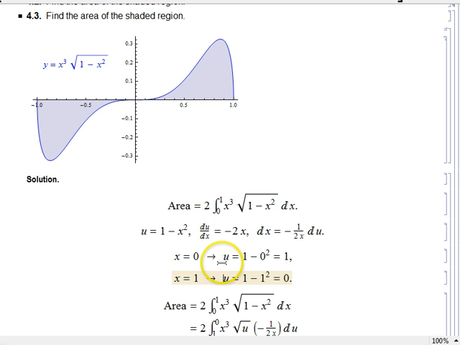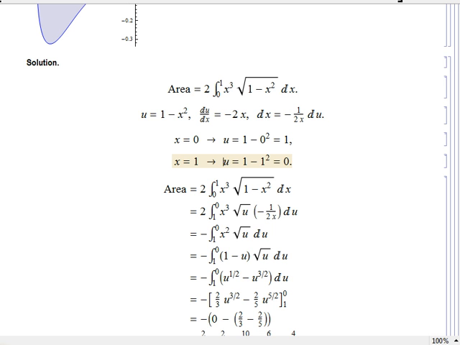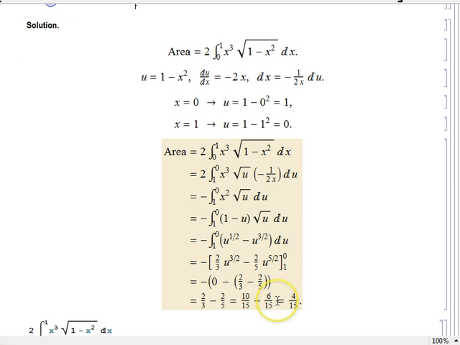So u is moving from 1 to 0 instead, and then we have to substitute everything in, but there's some residual x left. How do you handle that? Go back to the original substitution and express x squared as a u expression, 1 minus u, and then just go ahead with the antiderivative computation. Expand out, apply power rules, apply the fundamental theorem of calculus, and then some computation.